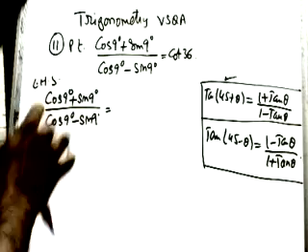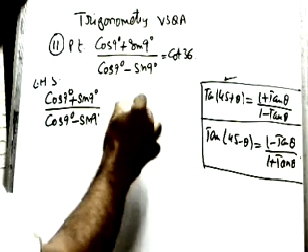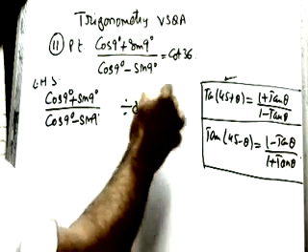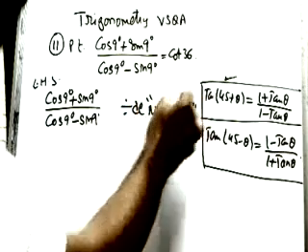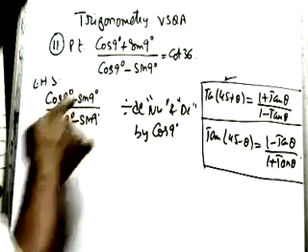Okay. Now watch here. Let me change this into tan first. We'll get the formula. So let me divide numerator and denominator by cos 9 degrees.